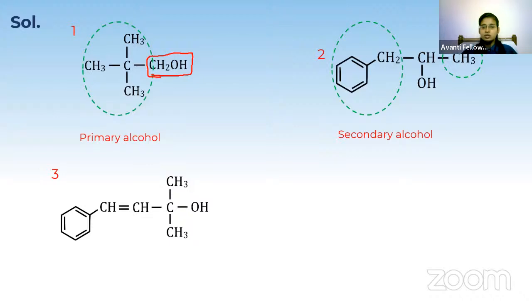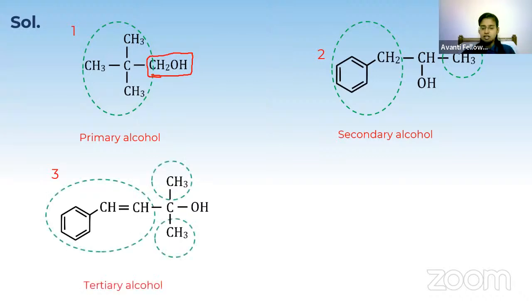Let me see who is going to give the correct answer. Yes. It is a tertiary alcohol. Also, one more question I want to ask. Is it a tertiary alkyl alcohol, a tertiary allylic alcohol, or a tertiary benzylic alcohol?